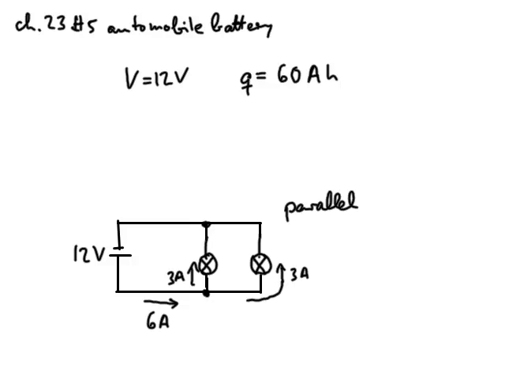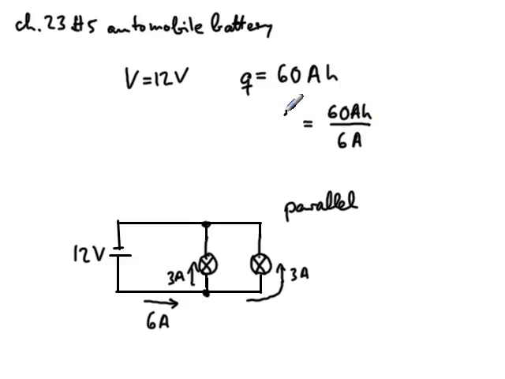Okay, at this point there's actually a quick way of doing this, and that is to say, okay, I know what the rating is, 60 amp hours, and I know the current is 6 amps, and if I put these two together, the amps divide, and I'm left with hours, and that's exactly what they're asking for. How long will it be before your battery is dead? So I'm just going to put this together here without drawing on any one equation from the book, but this should make sense.